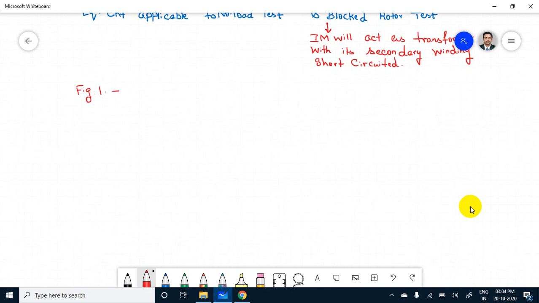Figure 1 denotes the equivalent circuit of single phase induction motor at standstill.